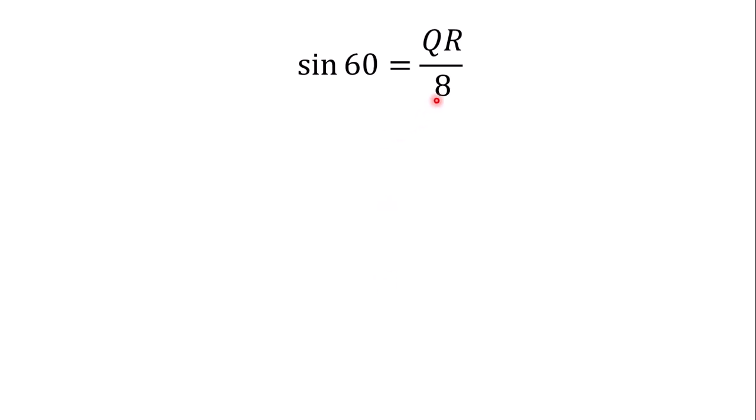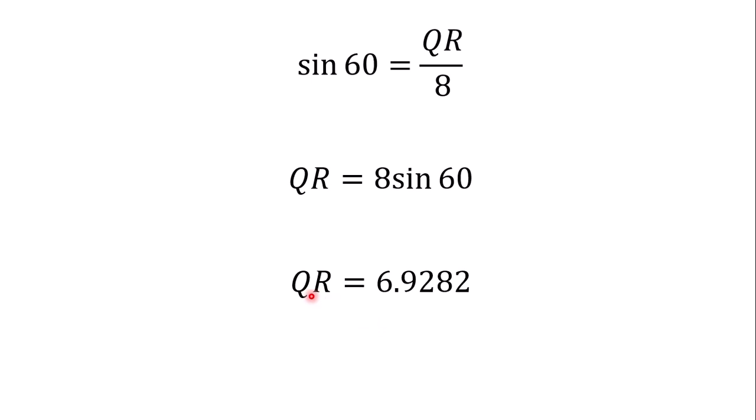Here this 8 will multiply this sine 60 and we equate it to QR. Now what is the value for this one? So QR is equal to 6.9282.